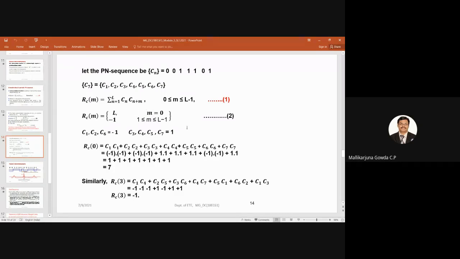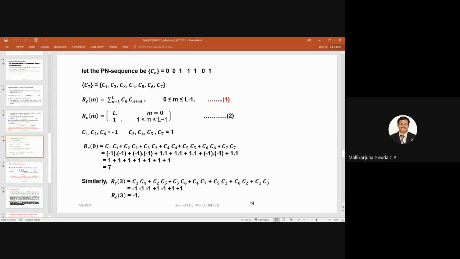One is C6, another is C9. C9 is nothing but C2, as this is 7, this is 8, this is 9. So C6, C2 is correct.